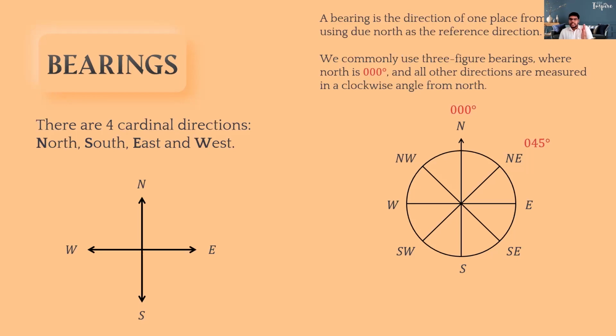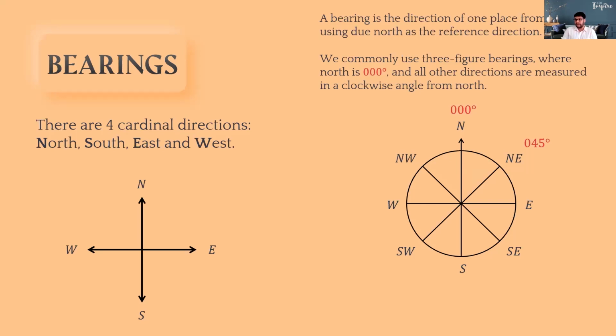Can you see? Because it is 45 degrees from north in the clockwise direction. Remember children, we never go anti-clockwise in bearings. We only go clockwise. You all know what clockwise means, yes? It's the direction that a clock moves in, right? So when we go clockwise from north 45 degrees, we go to the northeast direction, that is 45.